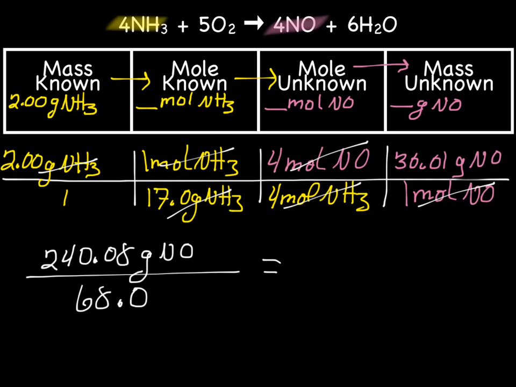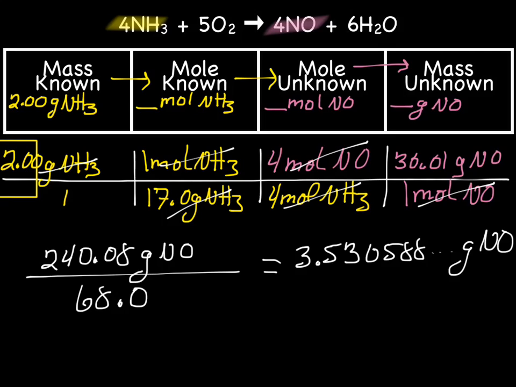And then we divide, giving us an answer of 3.530588 and so forth grams NO. If we go back and look at sig figs, we have 3 sig figs, 3 sig figs, those don't count, and 4 sig figs.